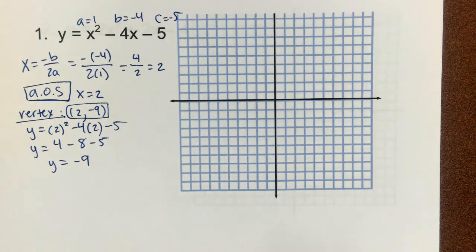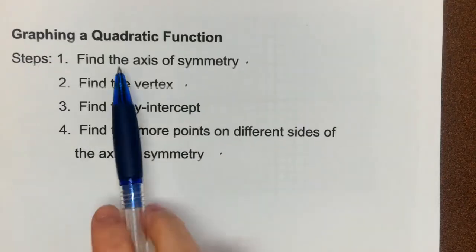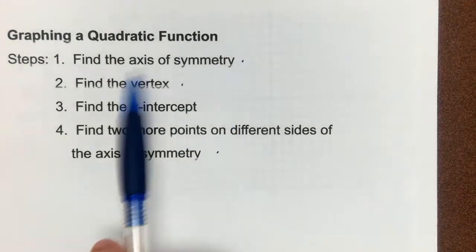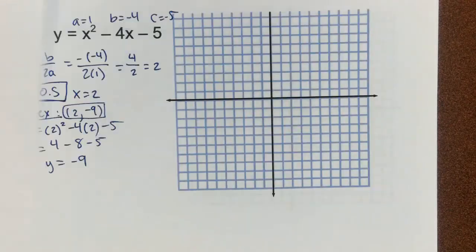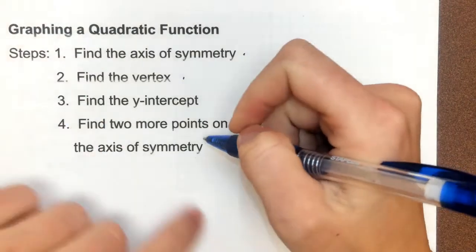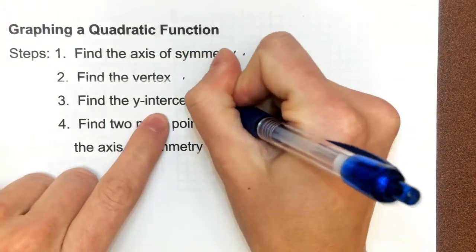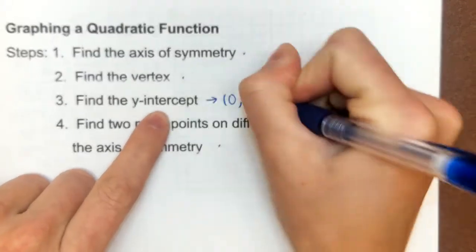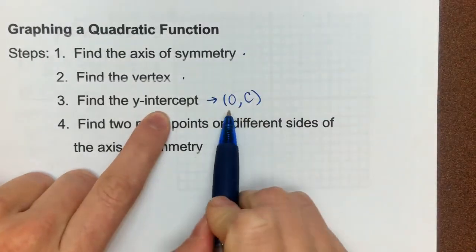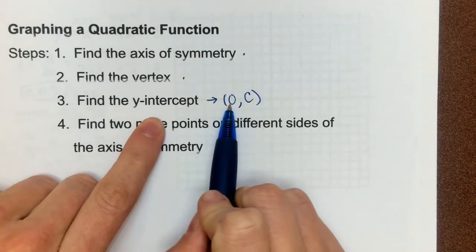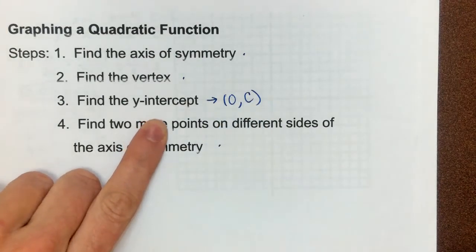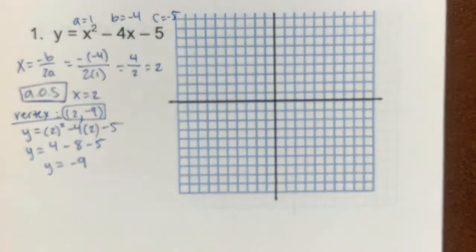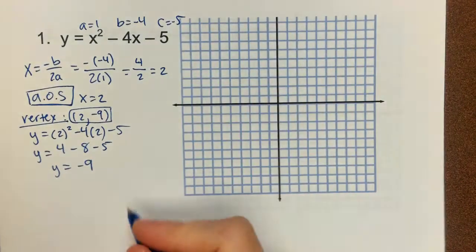Alright, so if you notice, I have done step 1 and 2, axis of symmetry and vertex. Then it says find the y-intercept. Maybe go back to this step and make a note that the y-intercept is always 0, c. 0 because it's a y-intercept, so it has no x value, and c, so whatever that constant is. So our constant here is negative 5.